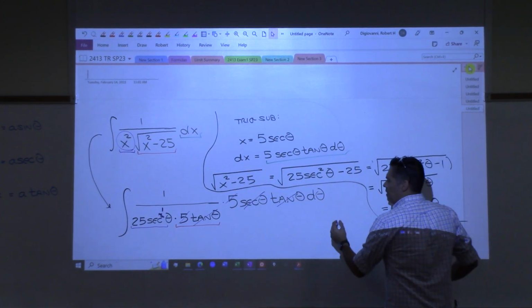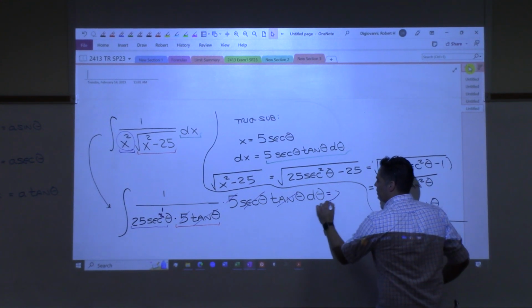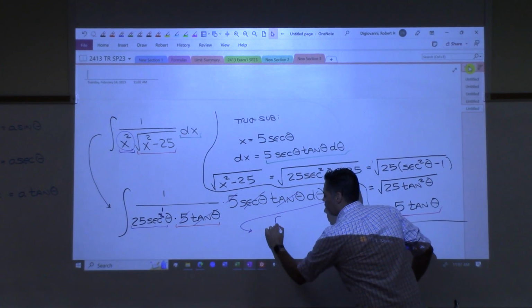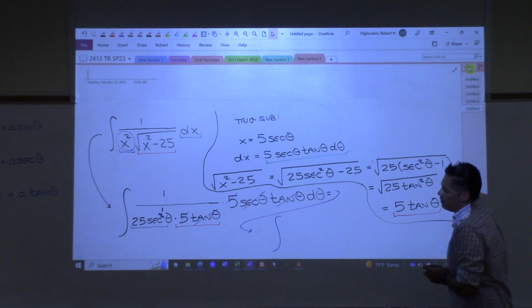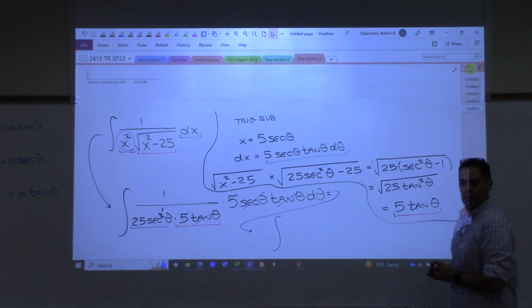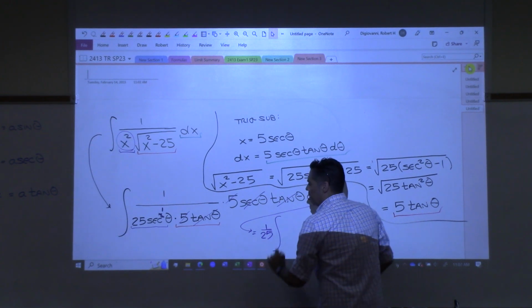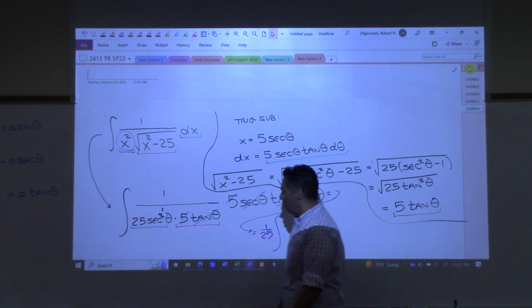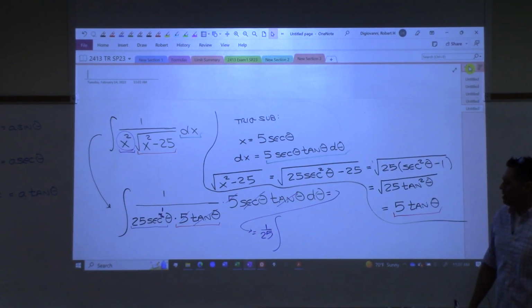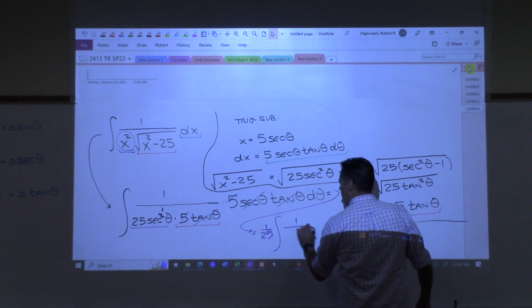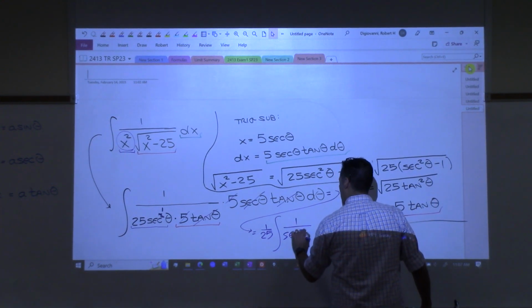So I believe when I'm done here it equals the integral, let me see. I have a 1 over 25 still, don't I? So I'm going to put that out front. Equals 1 over 25. So that constant's out. And then the only thing left was a secant on the bottom, which is really cosine. 1 over secant is cosine. I'll write it down: 1 over secant theta, d theta.